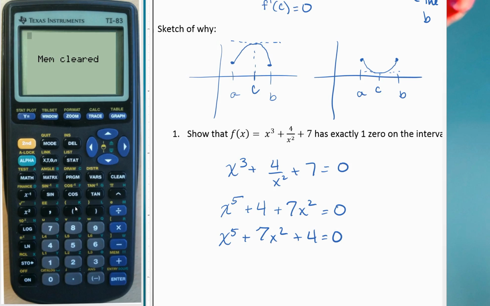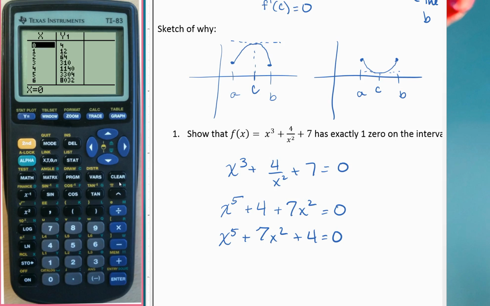So let's go ahead and put that into our y equals: x to the 5th plus 7x squared plus 4. Where it's equal to 0 would be the same as an x-intercept. And we see we do have one here. It looks like it's at negative 2. Let's go to our table: if we put in negative 2, we do get out 0.